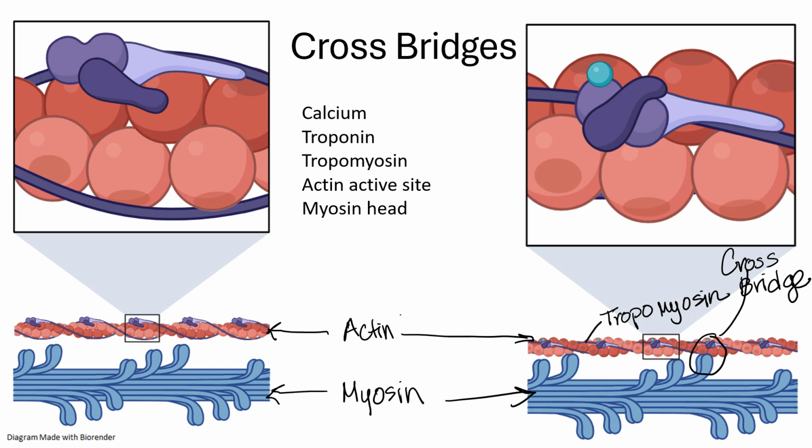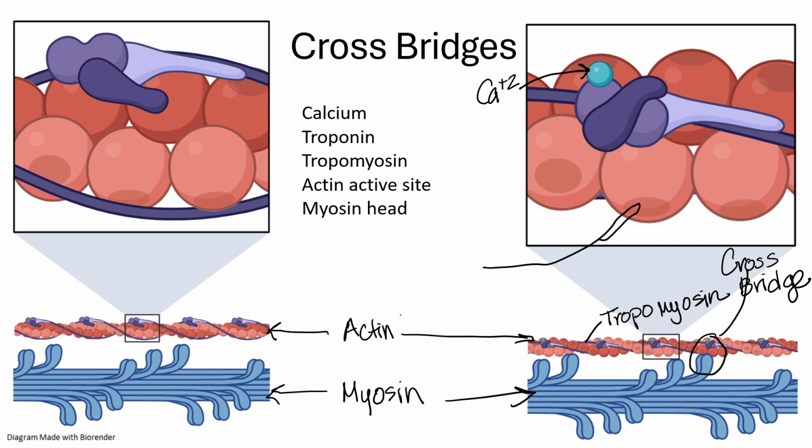In the picture on the right, there is a green calcium cation from the sarcoplasmic reticulum that is attached to the troponin, and the tropomyosin is not covering those active sites. Again, allowing myosin head to form a cross bridge.